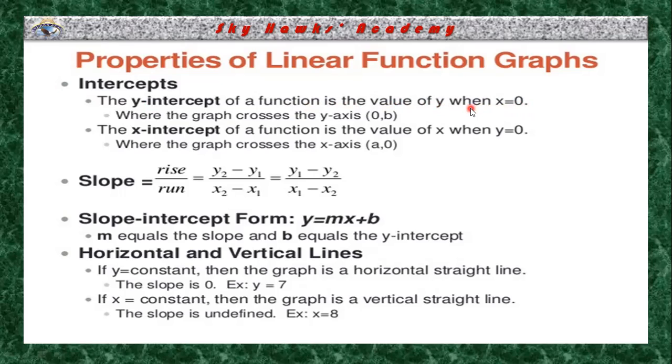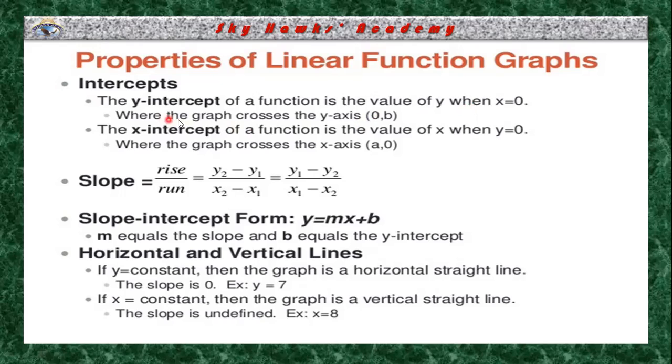Whatsoever you get, that will be the value of y, and that is called the y-intercept. So it's a thumb rule. When you are asked to find the y-intercept, just put x is equal to 0. You will get the y-intercept.